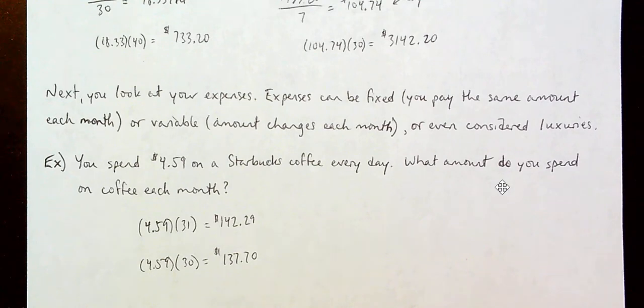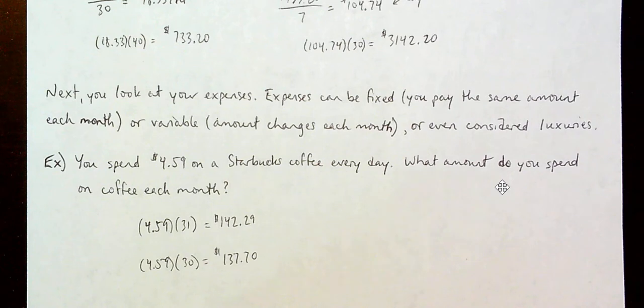But at least you can get some kind of sense as to how much money you are spending every month on coffee. And even from here, you could take each of these numbers and round it up to the nearest, say, $5. So if you did the calculation with 31 days, maybe when you plan your budgeting, you say, okay, $145 on coffee.